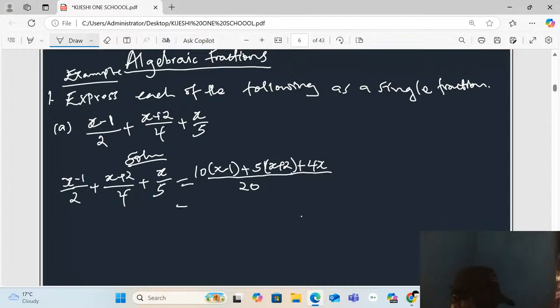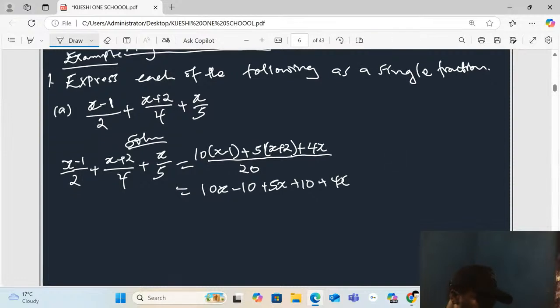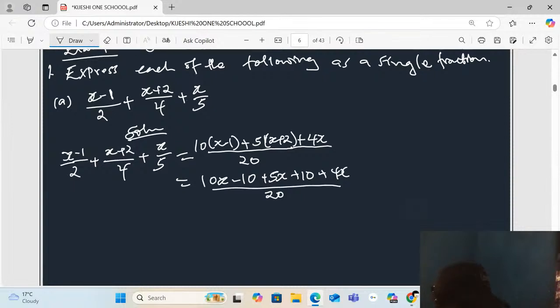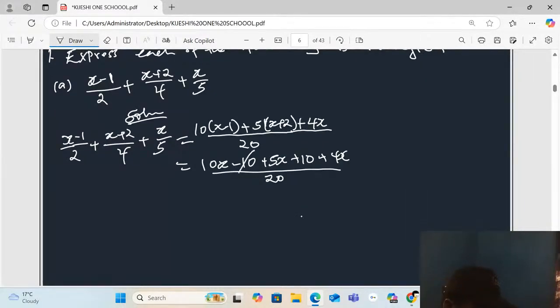Now we open those brackets. We have 10x minus 10 plus 5x plus 10, then plus 4x, over 20. Now, this negative 10 and 10 will cancel out, and we are going to remain with 10x plus 5x plus 4x.